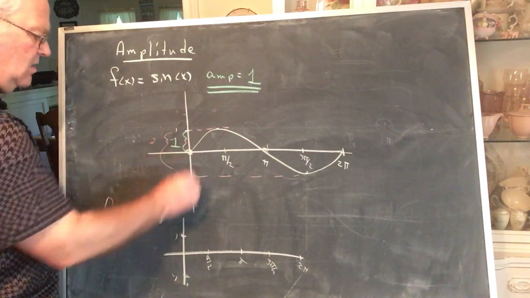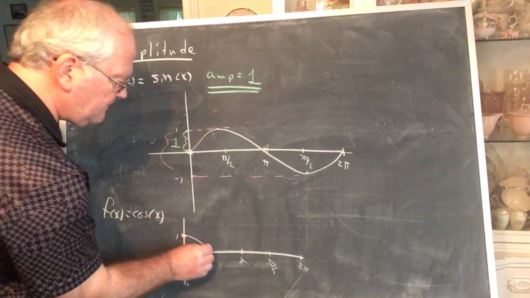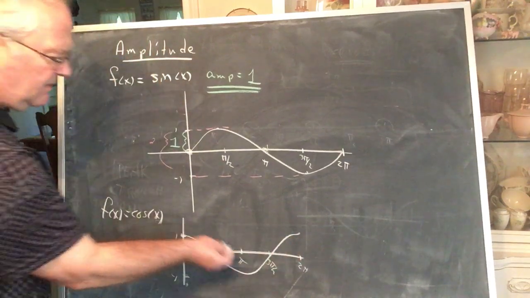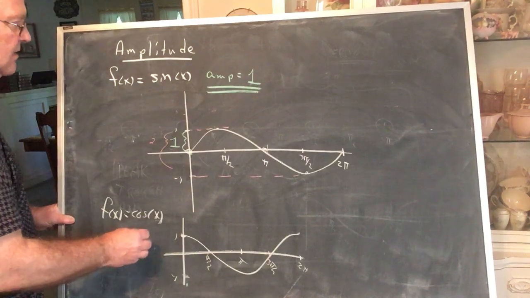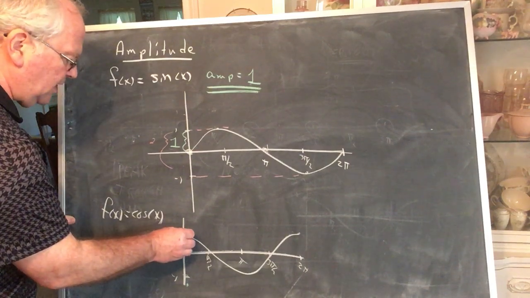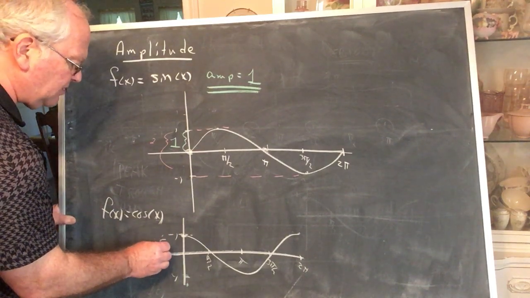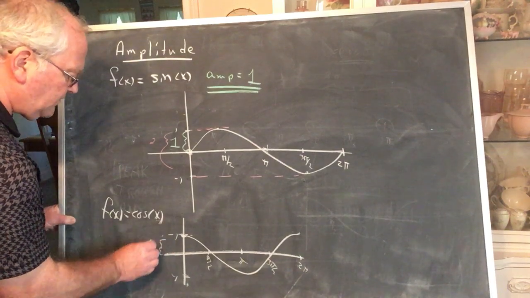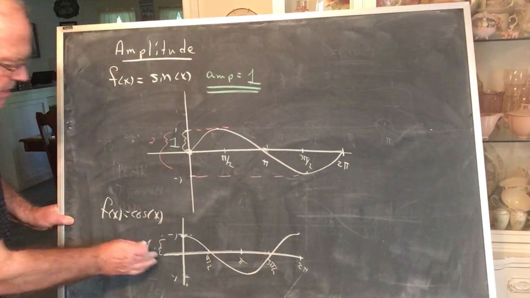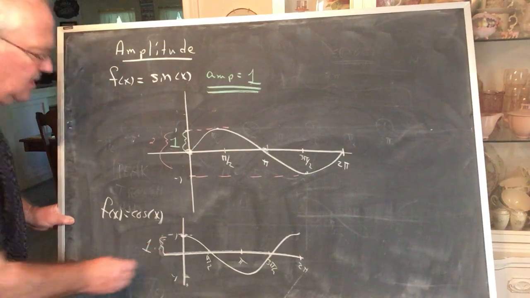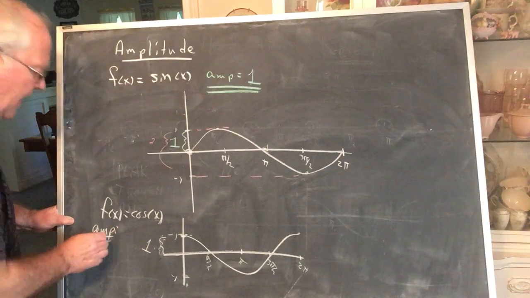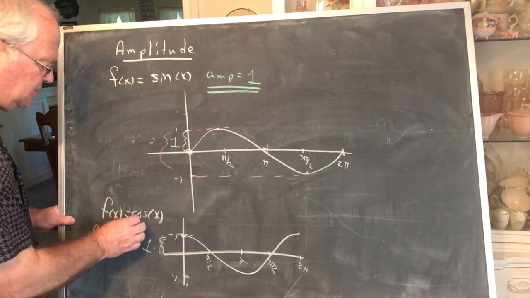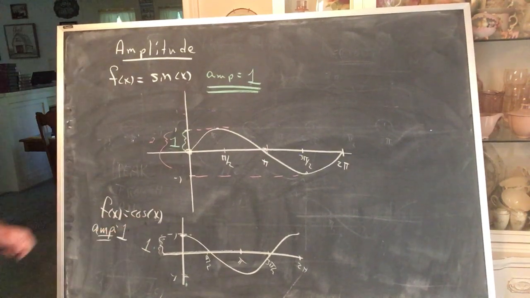Sine starts at the node, cosine starts at the peak. Cosine looks like a valley, if you will. But the amplitude is the distance between the peak and the axis. In this particular case, that distance is 1 as well. So the amplitude of the basic shape cosine curve is also 1.